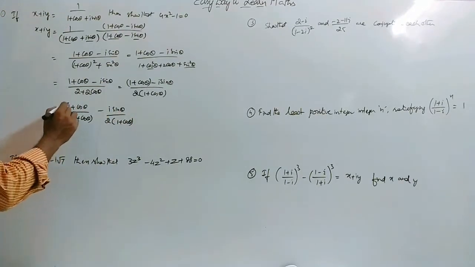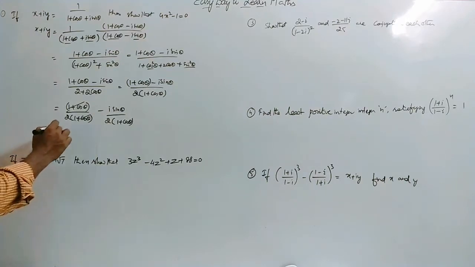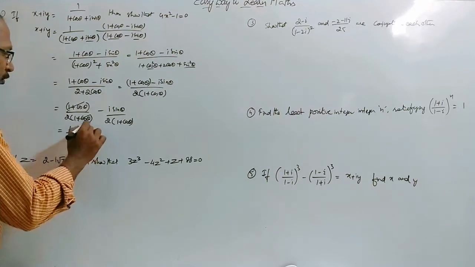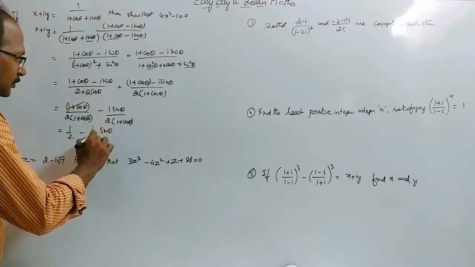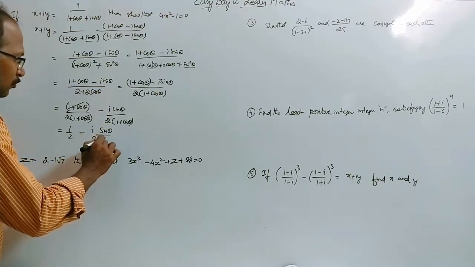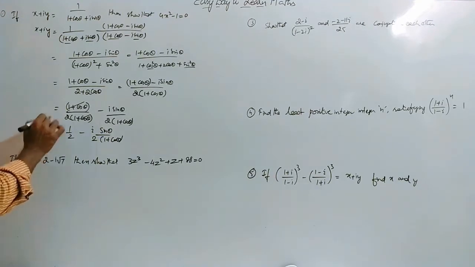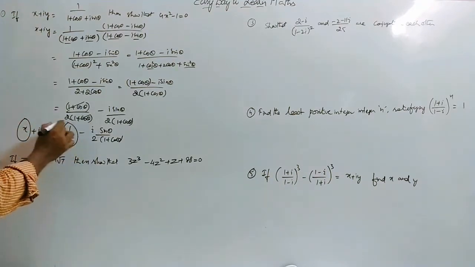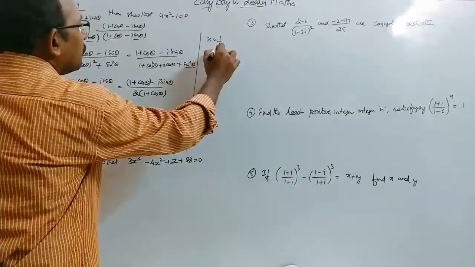Now here 1 plus cos theta and 1 plus cos theta cancel, and it is nothing but 1 by 2 minus i into, no need to simplify this one, sin theta by 2 into (1 plus cos theta), which is x plus iy. Now comparing the real and imaginary parts, here x becomes 1 by 2. Therefore, x is equal to 1 by 2.